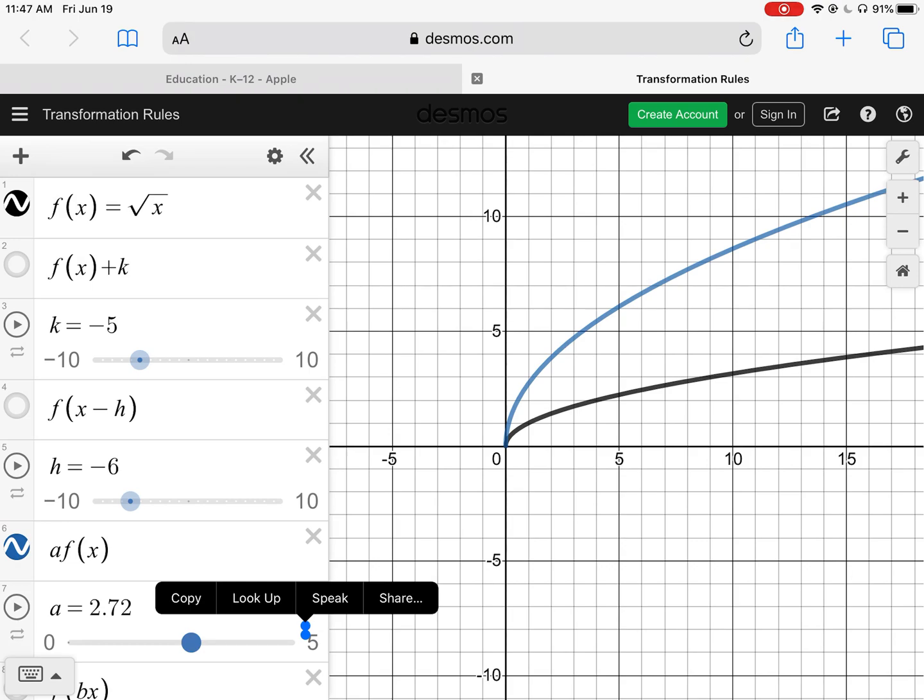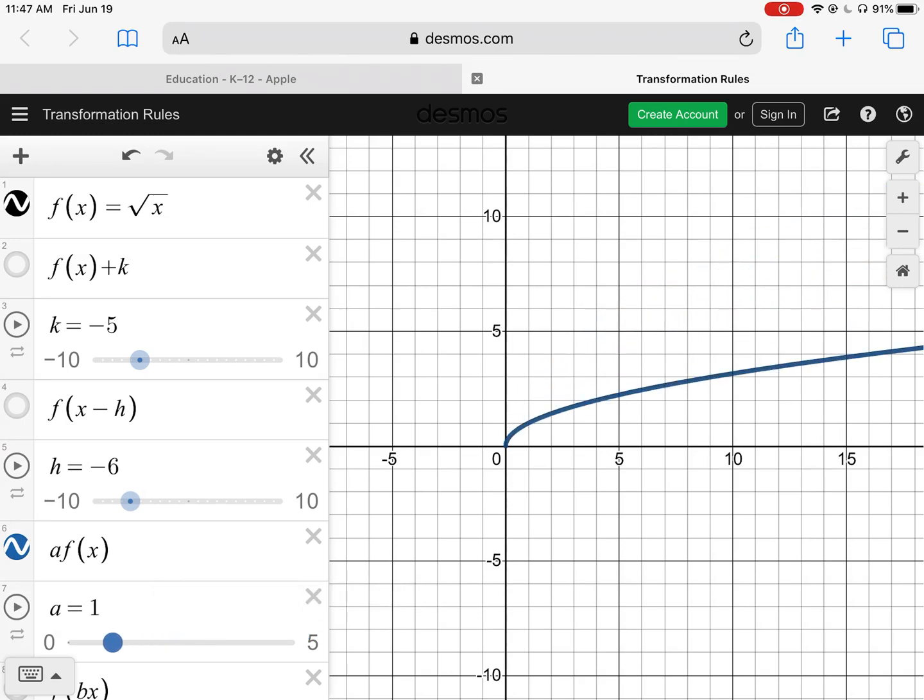So they're being pulled in the vertical direction or stretched in the vertical direction, okay? So I like to imagine it's like if I were to take the black curve and grab it from the top and just pull upward, I'm stretching it vertically, right? Okay. So that takes place whenever a is larger than 1.